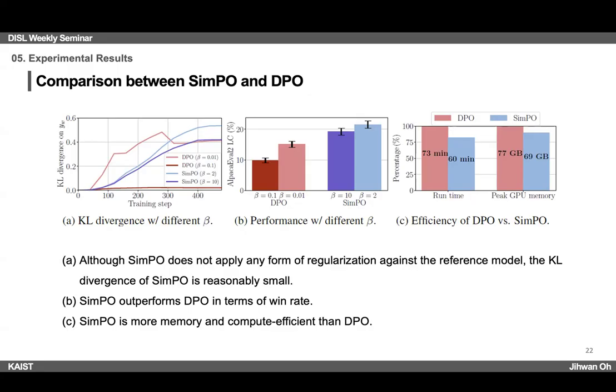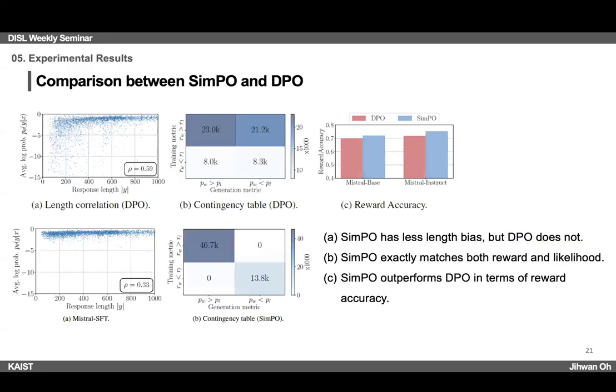My second question is regarding the contingency table calculation on page 21. Intuitively, I can understand that the y-axis is the reward score, but the x-axis is the preference score by the trained model.